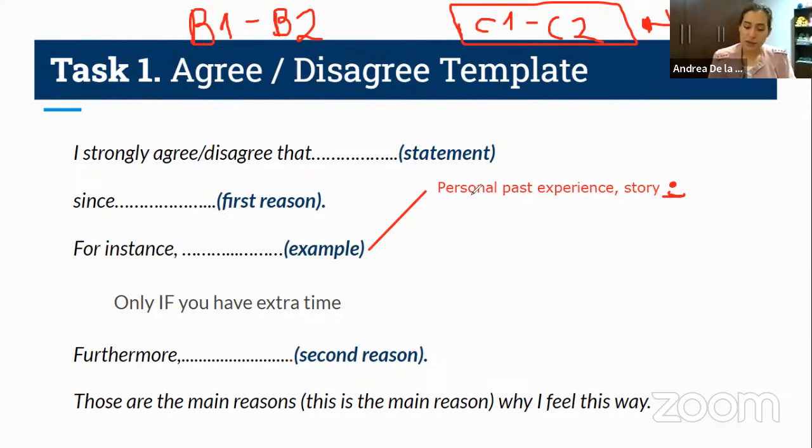So if you want to avoid risking grammar mistakes, which is definitely going to lower your score, if you aim for a C1 or C2 and you go with a past experience, but you make grammar mistakes because you don't know how to use past tenses, that's not going to get you a C1, C2. That's going to get you a B2 because you're making mistakes. So careful, if you're going to go for these, you need to be really prepared. You need to be good with the grammar. You need to be confident, okay? But if you don't really need that score, you don't have to complicate yourselves.